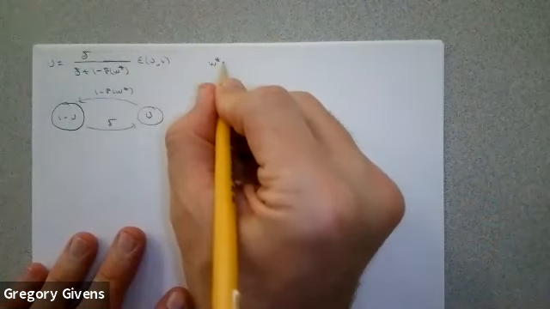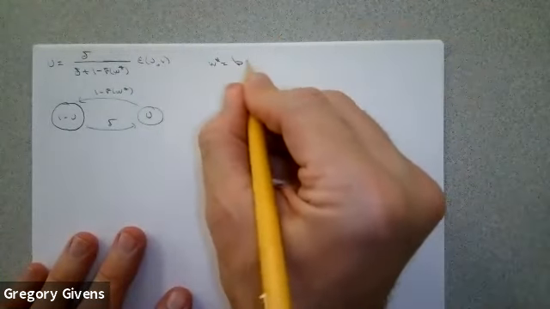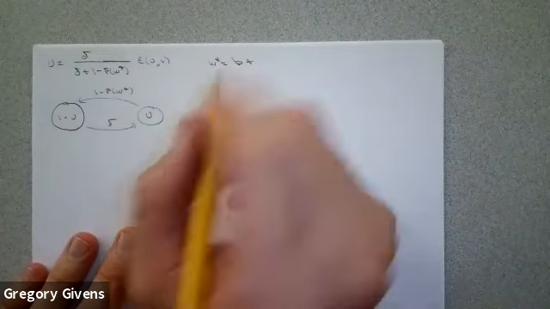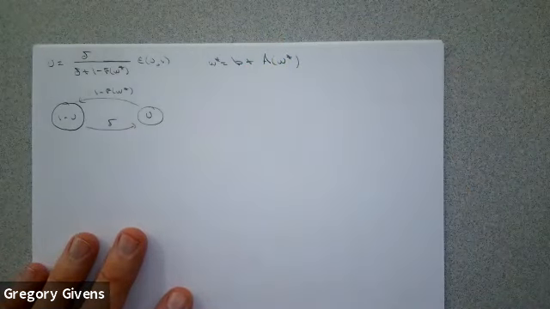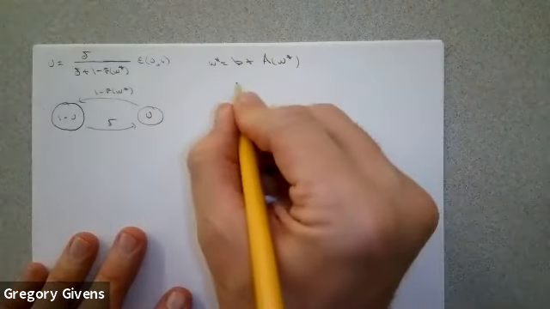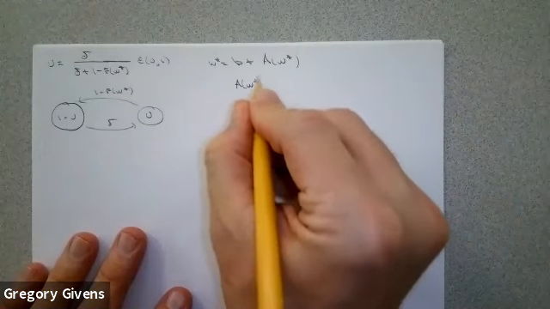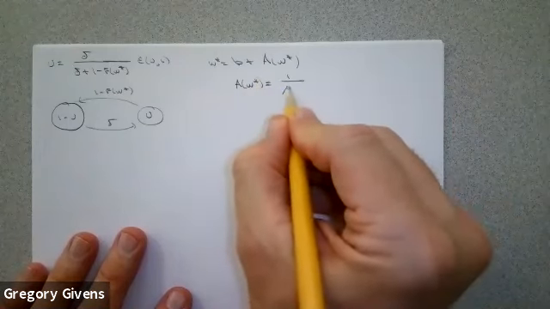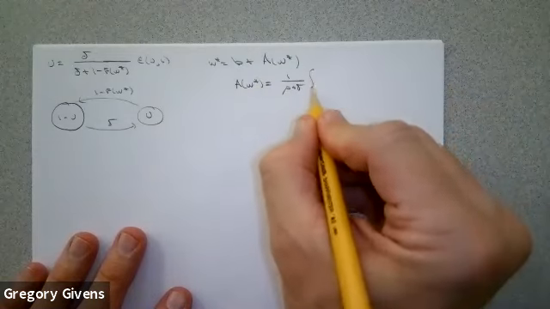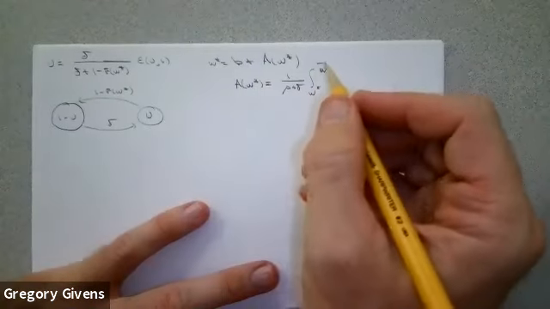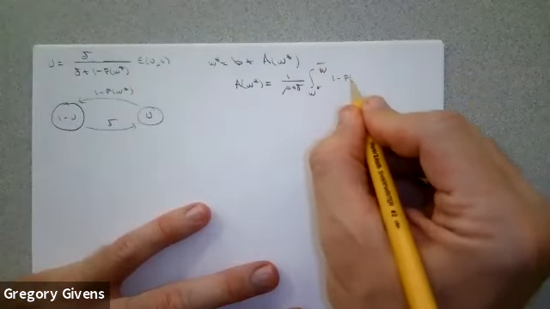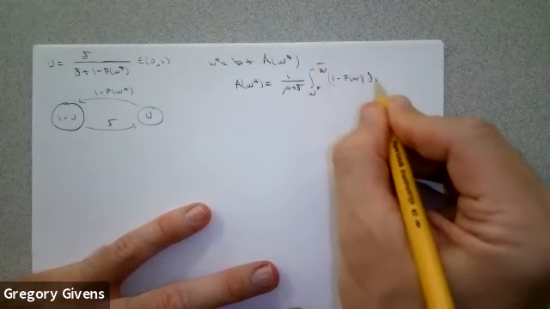The reservation wage was characterized by the following equation: B plus A of W star, where A of W star is equal to 1 over rho plus delta times the integral from W star to W bar of 1 minus F of W dW.